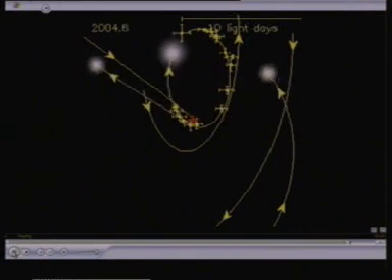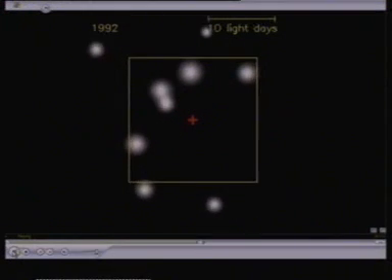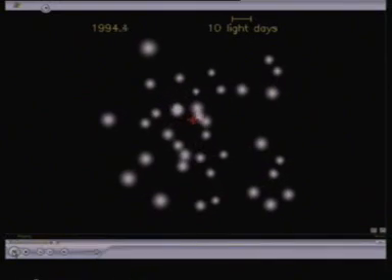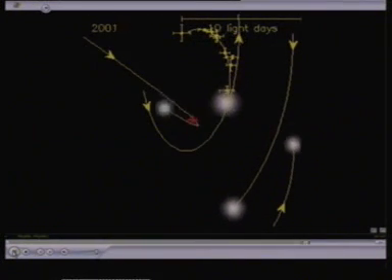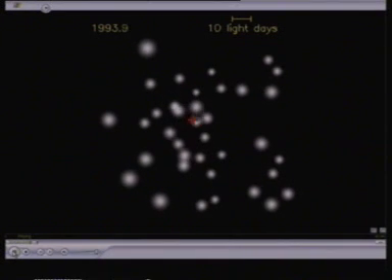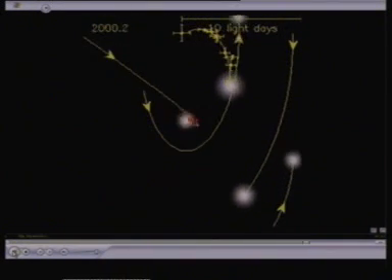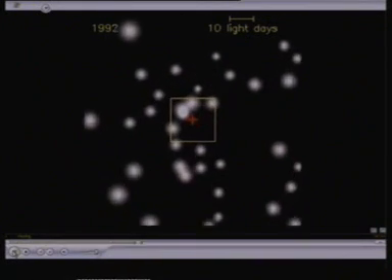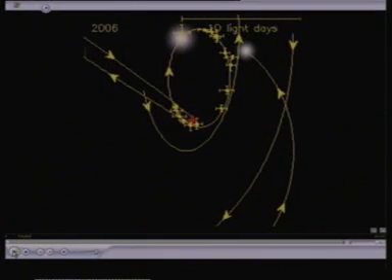You can see here how the motion of the stars and gas clouds looks like around the galactic center. You can see the red dot in the middle is the galactic center, and all these objects are moving about it. And it is these objects and the gas clouds which are moving around this and are falling actually into the black hole, which produce high temperatures.